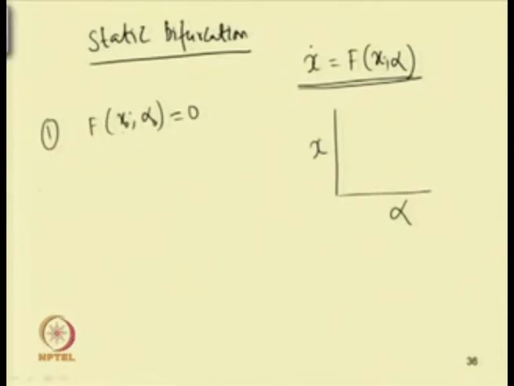The second point should be this d_x f, which is the Jacobian matrix.